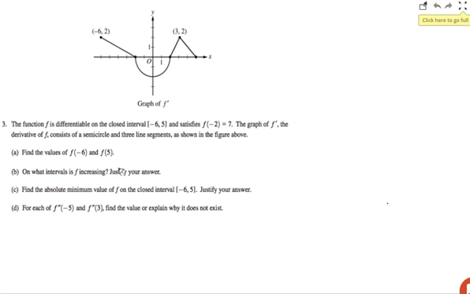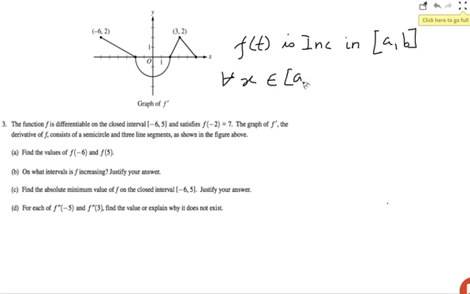So if a function f of t is increasing in an interval, let's say a to b, then for all x belonging to that interval, the derivative of the function would be positive. So I just need to check. Let me just replace this with t, because I've been using the variable name as t, so it's advisable that we use the variable name as t.